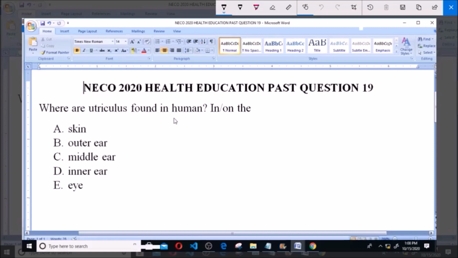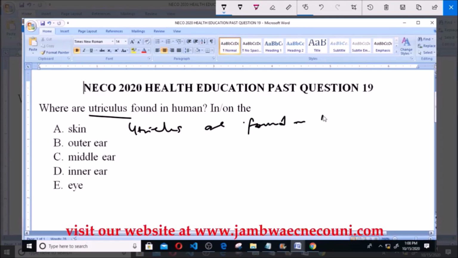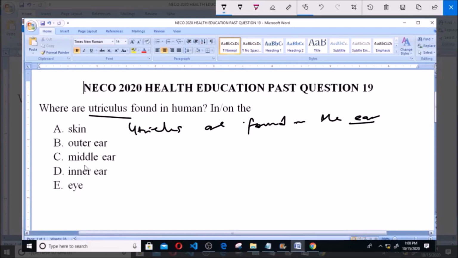Now the utriculus or the utricle, you can also call them the utricles, are found or located in the ear. But if you look at the options, the options want us to specify whether it is in the outer, middle, or inner ear.